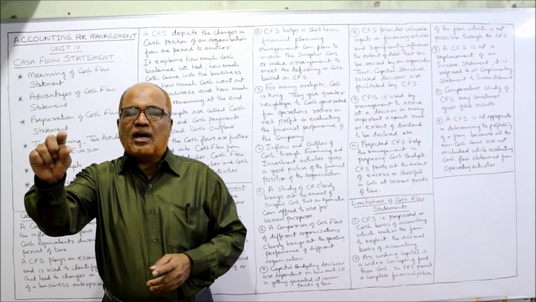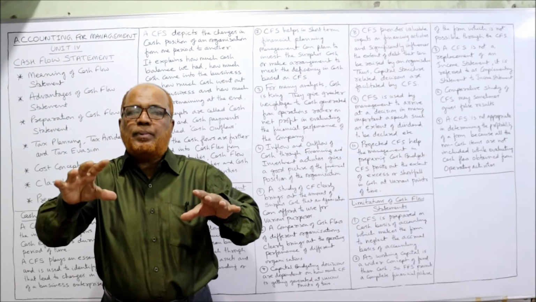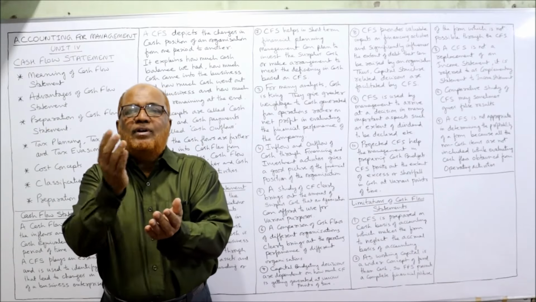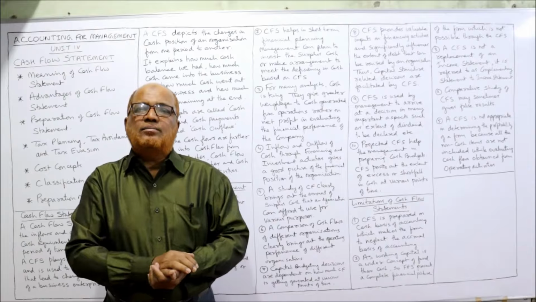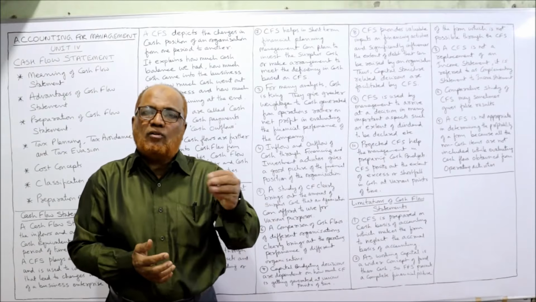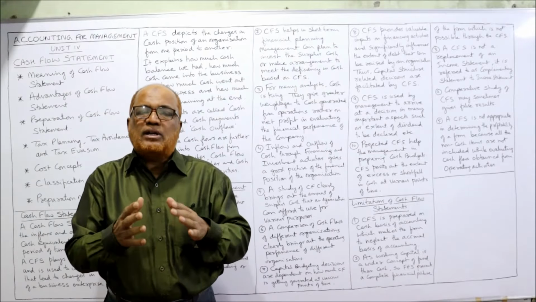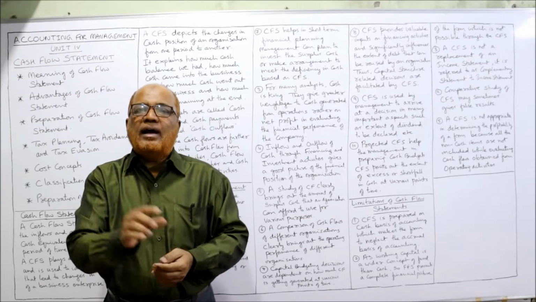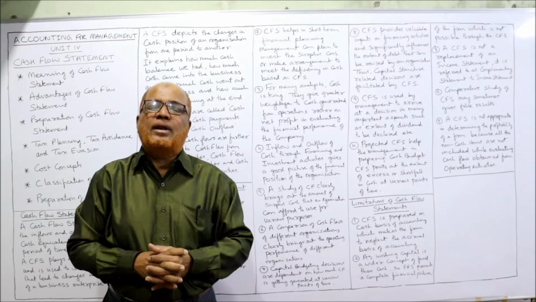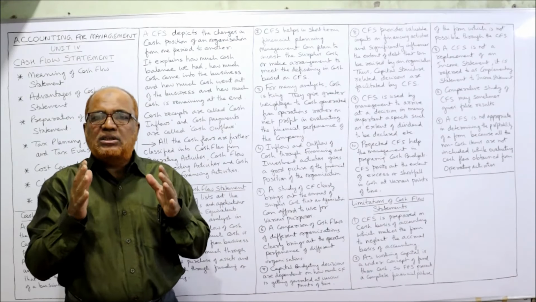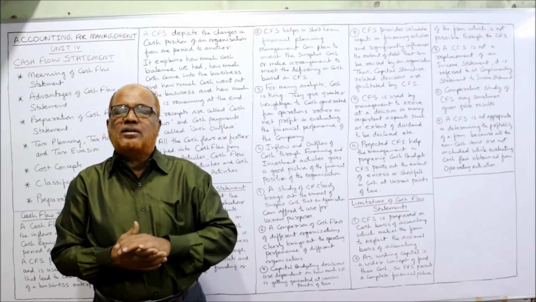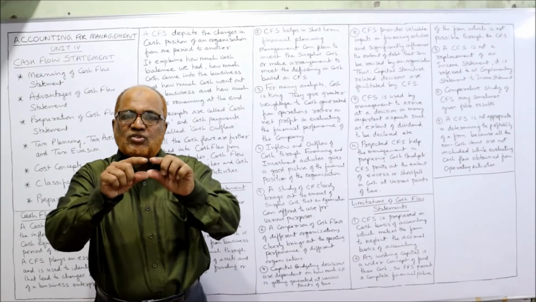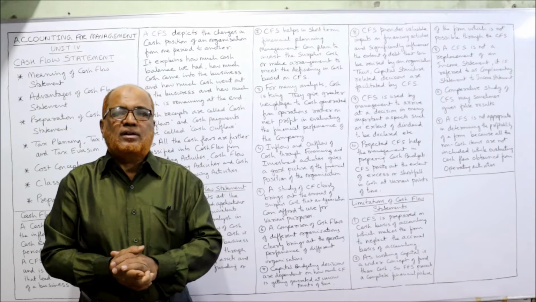Cash flow from operating activity is simply the cash inflows and cash outflows of operating activity without considering the non-cash items like depreciation, writing off of goodwill, provision for taxation. These are the items which are excluded while calculating cash flow from operating activity. So we should not think that cash flow from operating activity is profit. Profit is different and cash flow from operating activity is different.